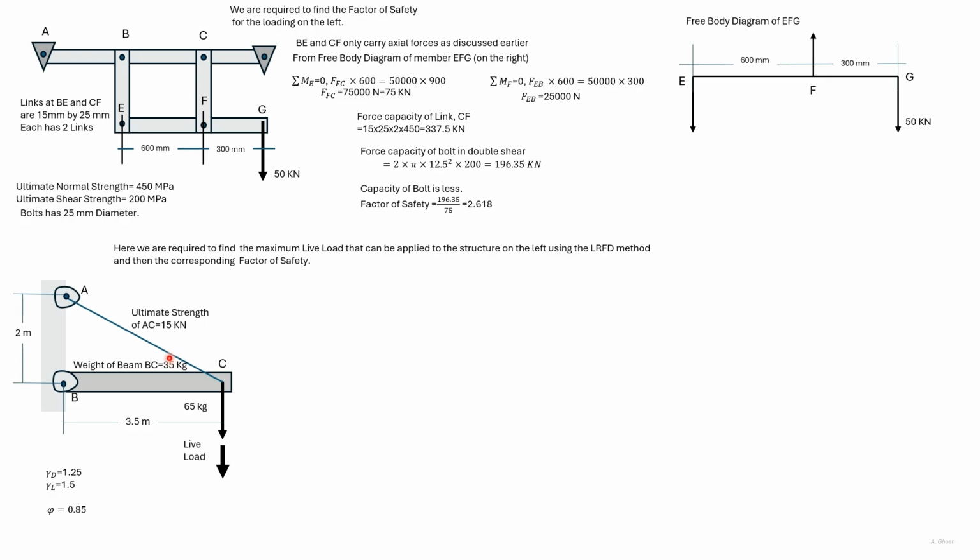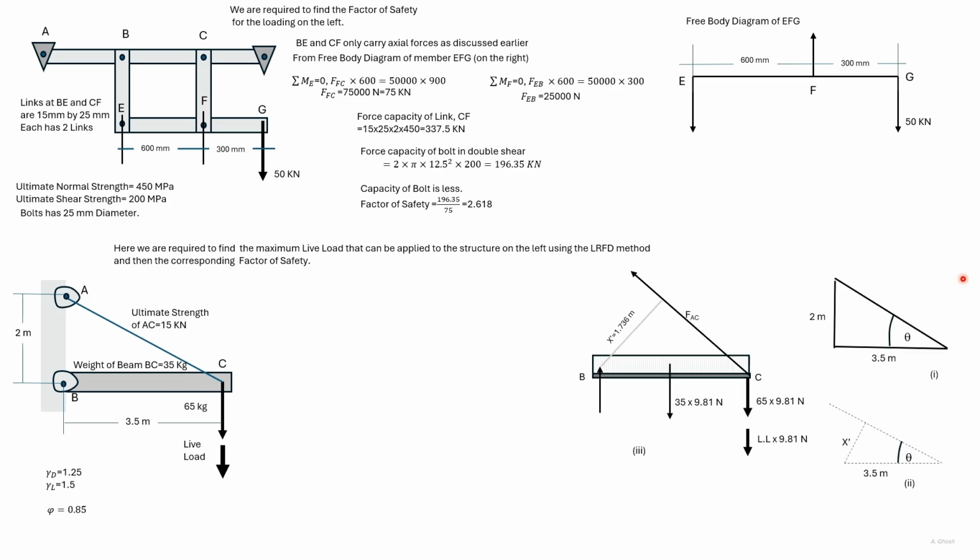To start with, we'll need to find the angle here, and then the perpendicular drop from B to BC. So this is 2, this is 3.5.